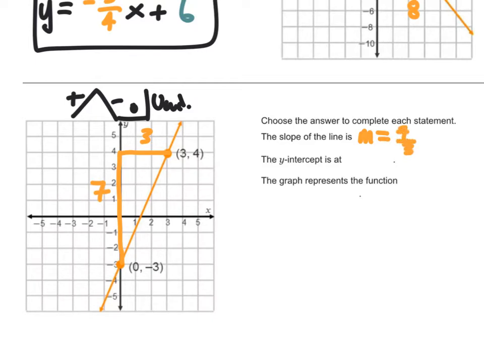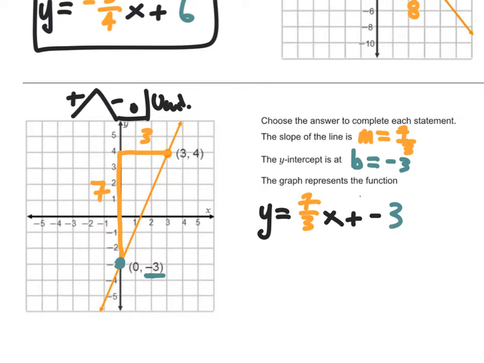Then we need to locate where our graph crosses the y-axis. Let's go to the y-axis and find the point right here. This point has a value of -3 as a y-intercept, so my b value is equal to -3. Then I write my function: y equals 7/3 x plus -3.